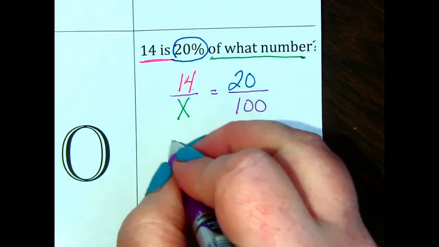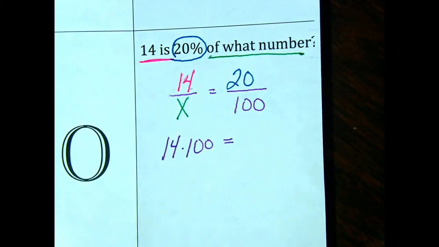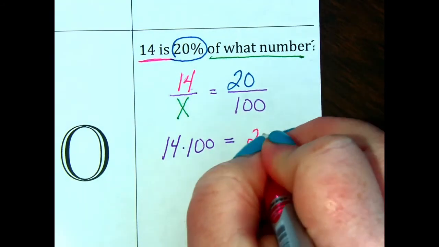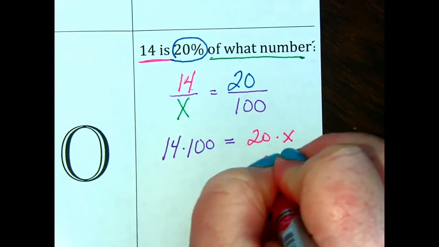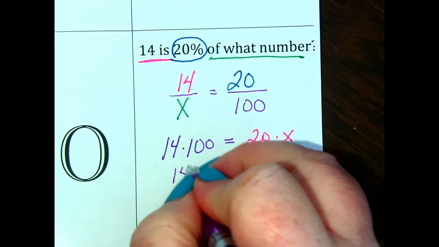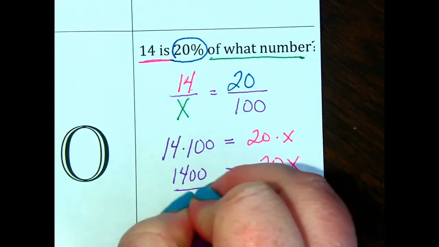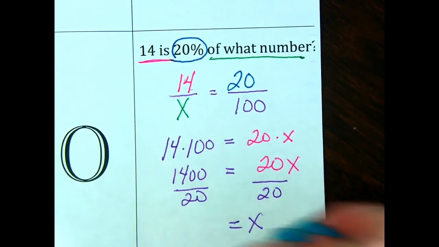14 times 100 is equal to 20 times x, which is just 20x. I get 1,400, and then I divide both sides by 20 to get my variable by itself.